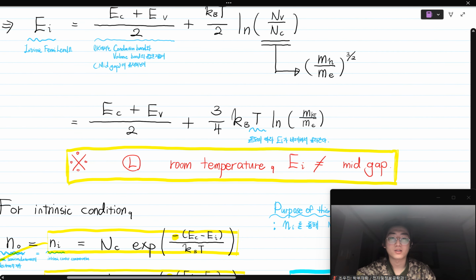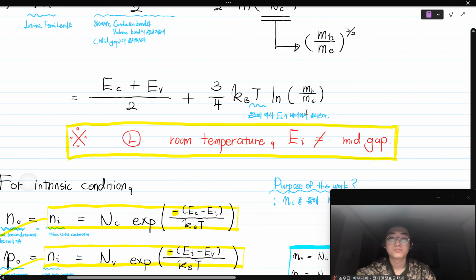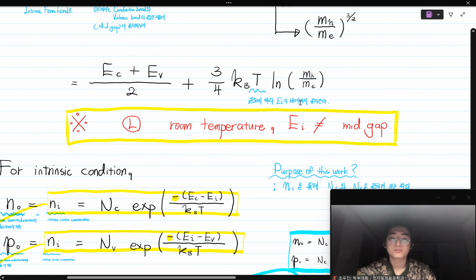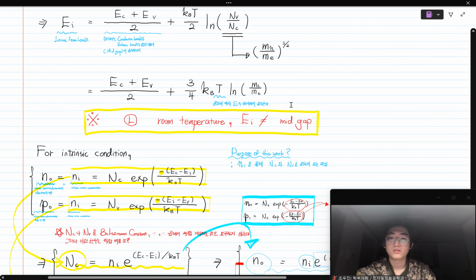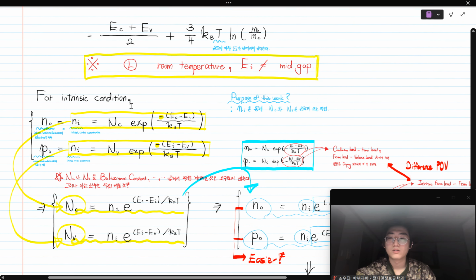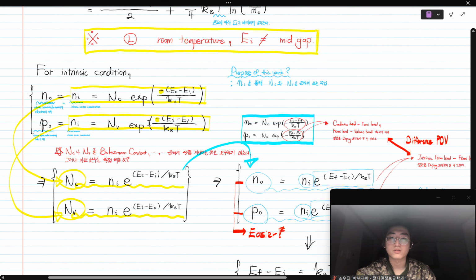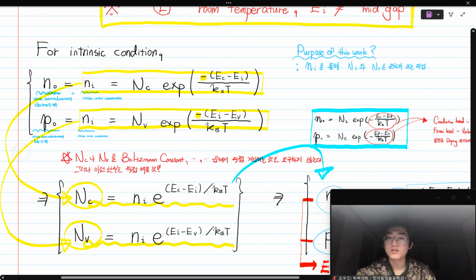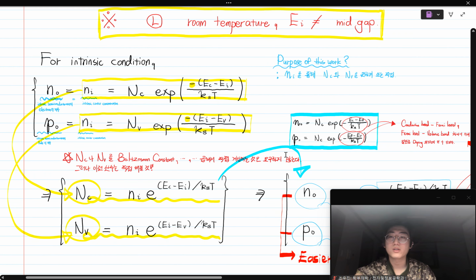Ei becomes larger or smaller with T, but at room temperature Ei should not be far from mid gap. And from this part, we can write Nc and Nv in terms of the intrinsic carrier concentration, so we can easily calculate.